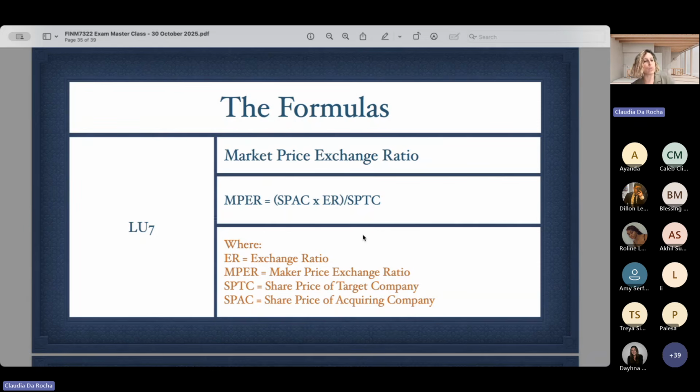So what you're trying to do now is understand what is the exchange ratio of the market. When we first did it before, it was the exchange ratio to say how many shares do I need to give the target company to merge. Now this is in terms of the market. What is the exchange ratio of the market?